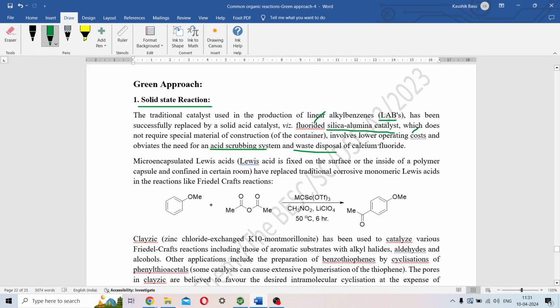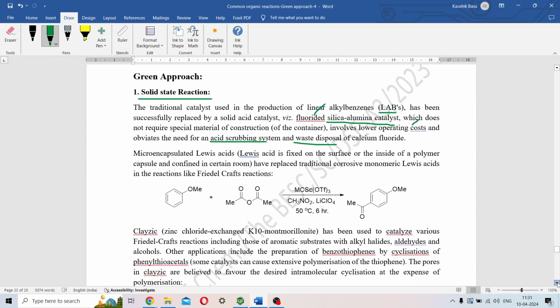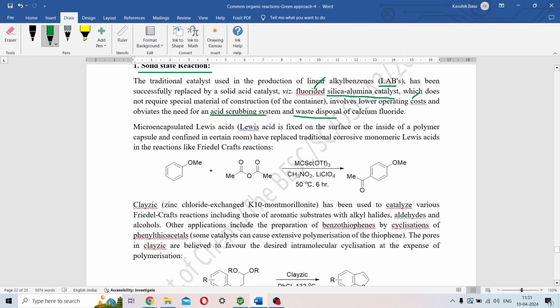They have developed a new generation of Lewis acid catalysts, which are known as micro encapsulated Lewis acids. What do you understand when I say encapsulation? Encapsulation means confinement within a space, right?